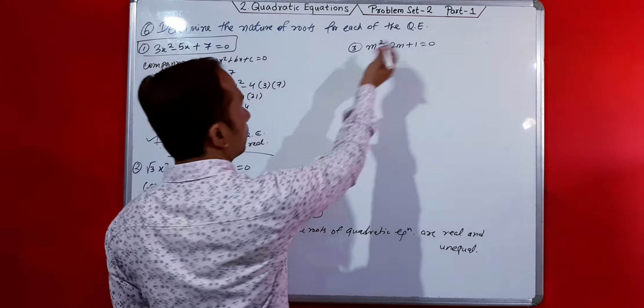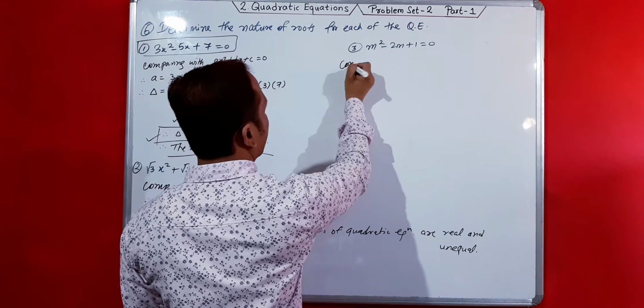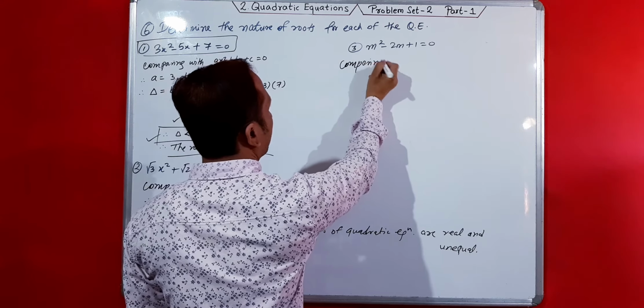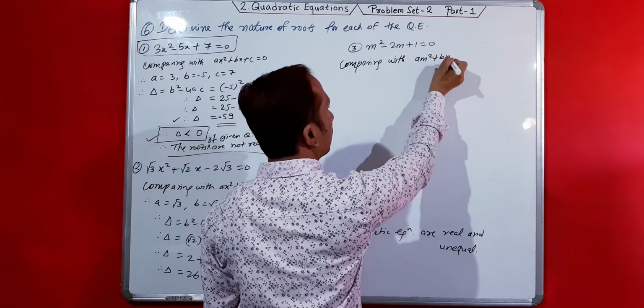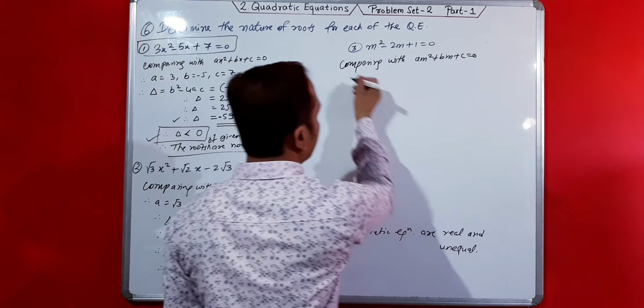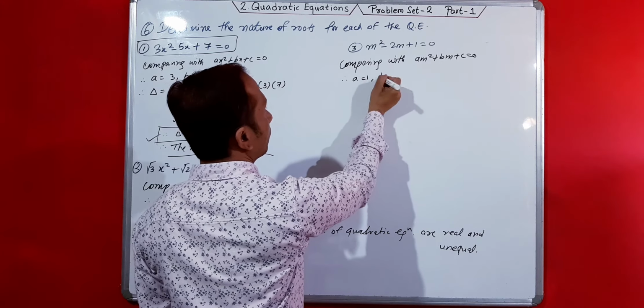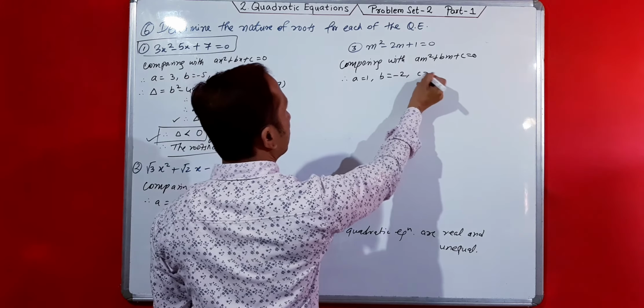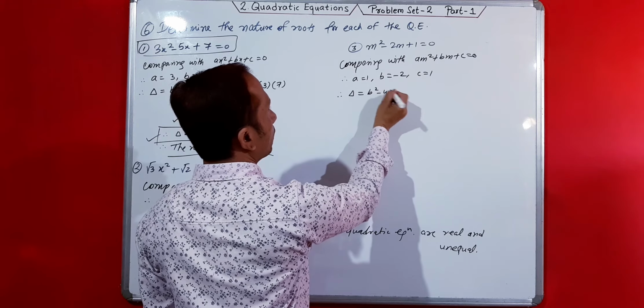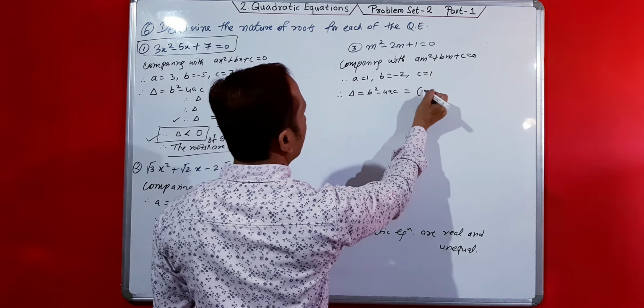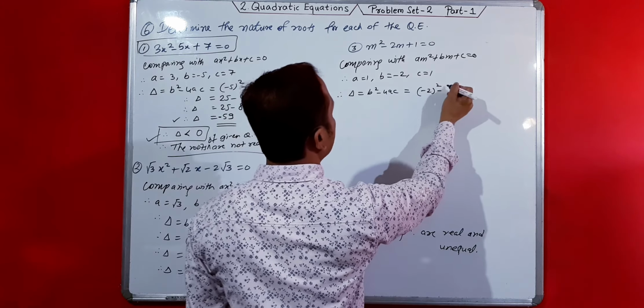Come to the third. Comparing with ax square plus bx plus c is equal to 0, therefore a is equal to 1, b is equal to minus 2, and c is equal to 1. Therefore delta is equal to b square minus 4ac, is equal to minus 2 square minus 4.